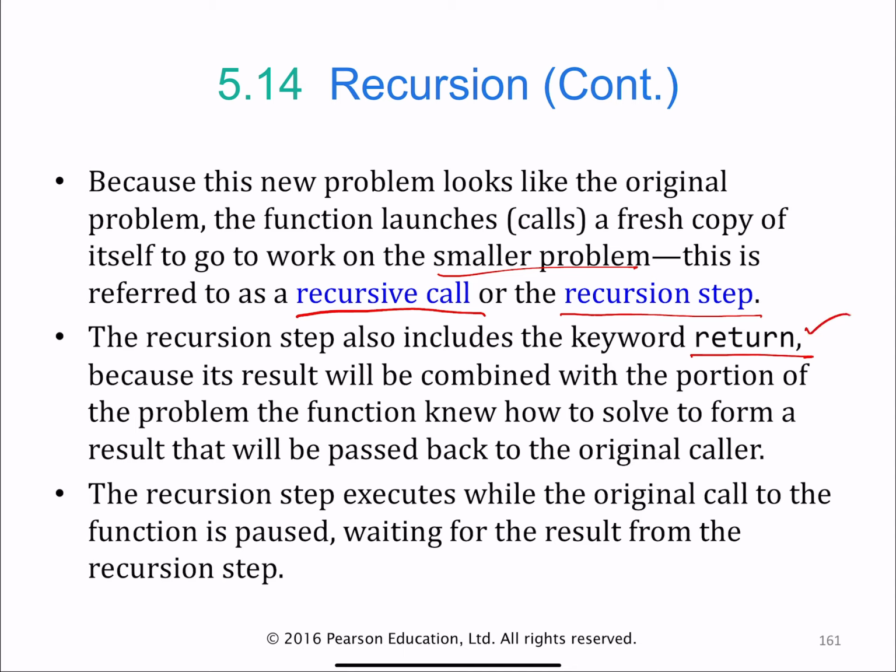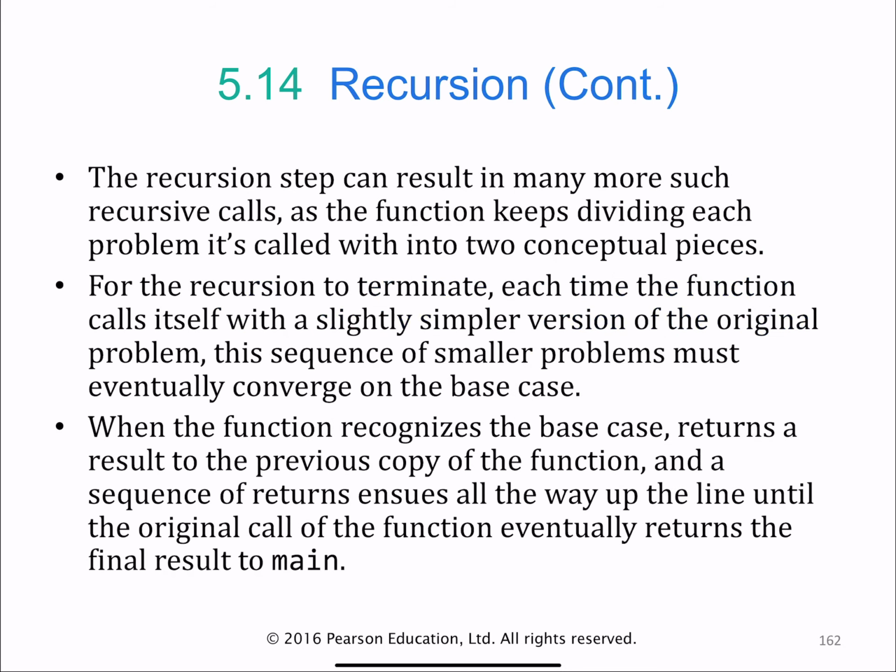That solution goes back up one step to the calling function, which is then able to come up with a solution to this slightly bigger problem. And that's how recursion works. All of this may sound a little abstract at this point, but that's okay. When you see a few examples, this should become quite clear.